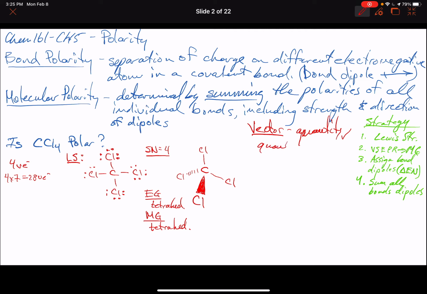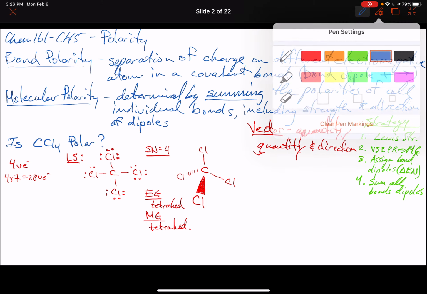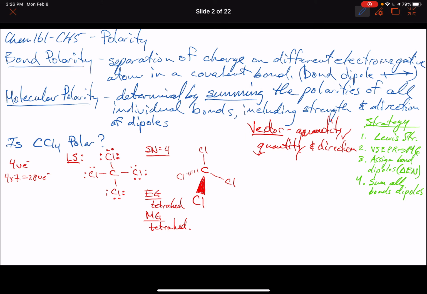Okay, so it's some amount that has both a quantity to it as well as a direction. Okay, so we'll apply here vectors to describe the bond dipoles first. So we're looking to apply these little arrows.